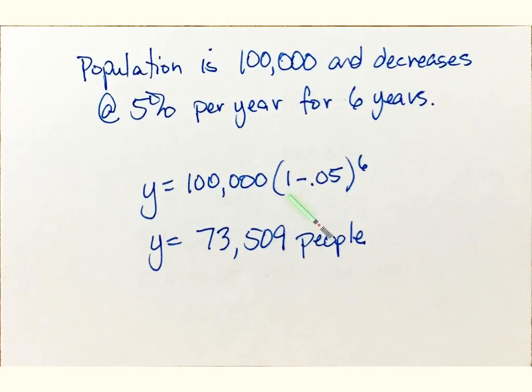This is decay, so it's going to be 1 minus 0.05, and 0.05 is 5% as a decimal. 1 minus 0.05 to the 6th power, 6 years for the 6th power. Again, order of operations, 1 minus 0.05 to the 6th power times 100,000, and you should find that there are 73,509 people left.